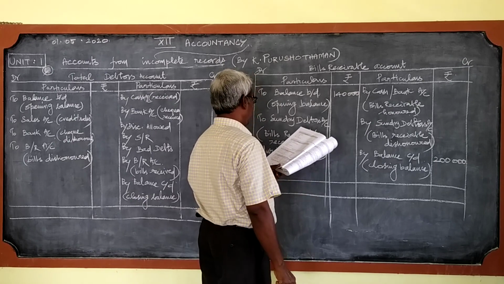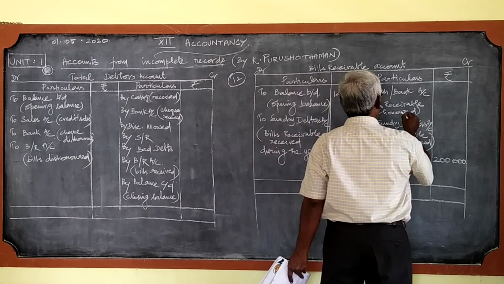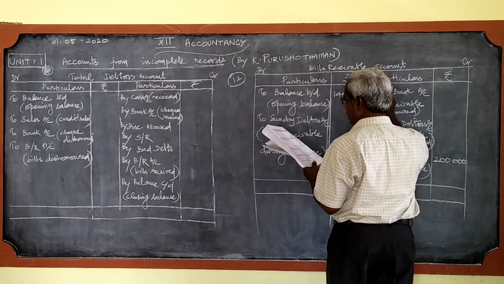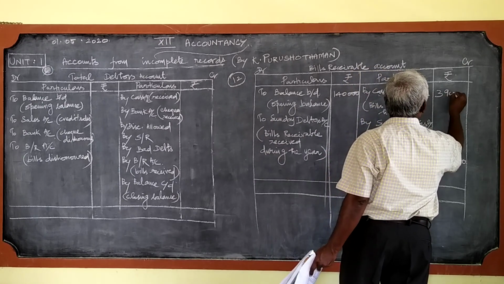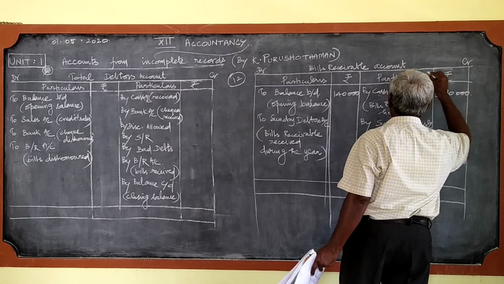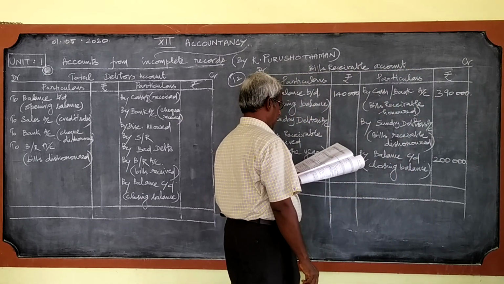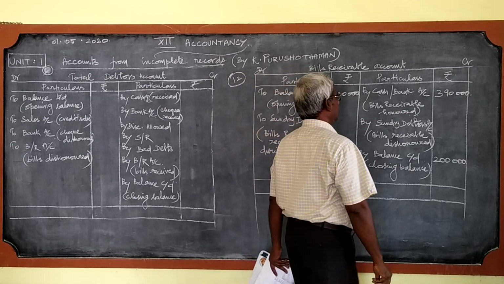Cash received for bills receivable is 3,90,000. The terms are very important here. And the last one, bills receivable dishonored.